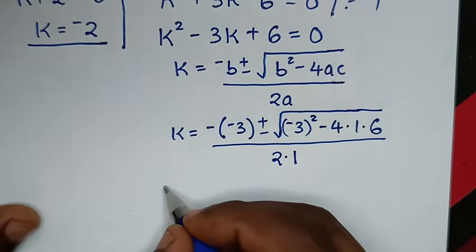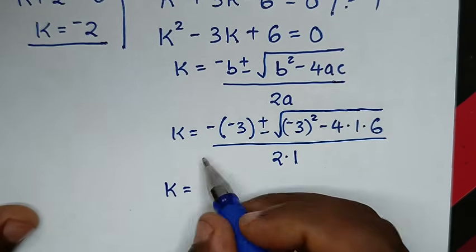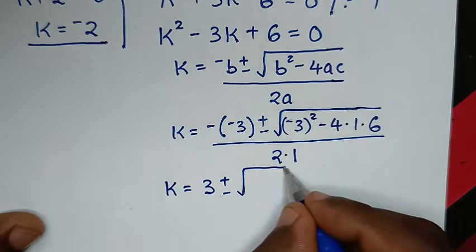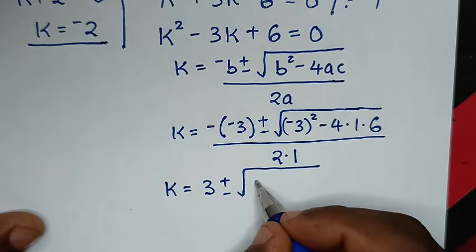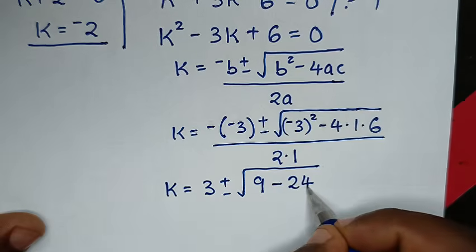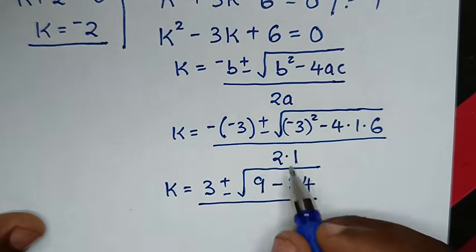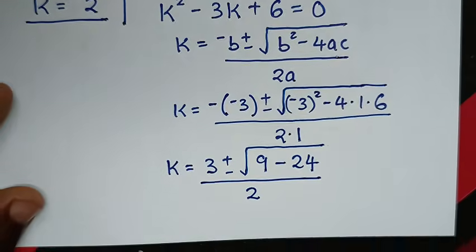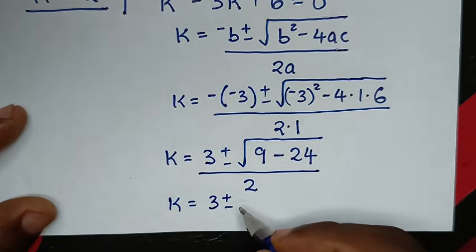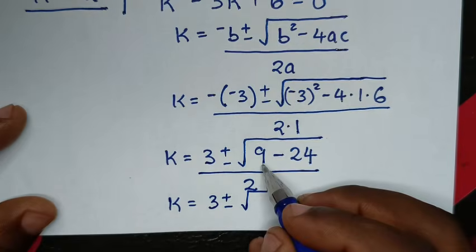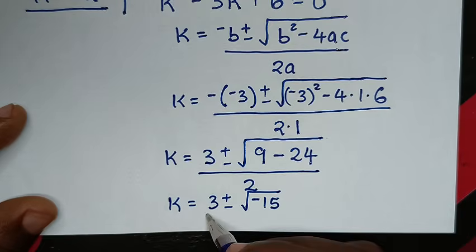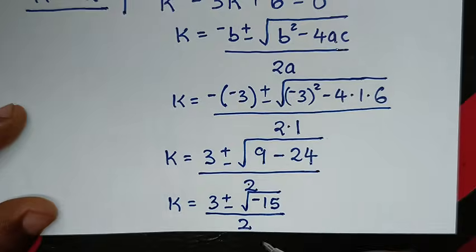Then here k is equal to minus negative 3, which is positive 3, plus or minus square root of negative 3 square, which is positive 9, minus 4 times 6, which is minus 24, then over 2 times 1, which is 2. So k is equal to 3 plus or minus square root of 9 minus 24, which is minus 15, then over this 2.